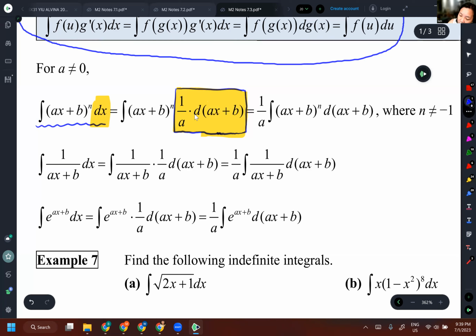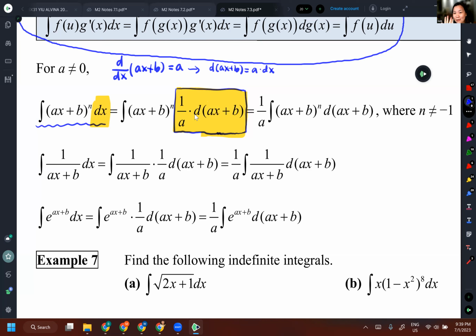maybe this way. Maybe we know d(ax plus b) over dx equals a. So maybe this is easier that way. That means d(ax plus b) equals a times dx.